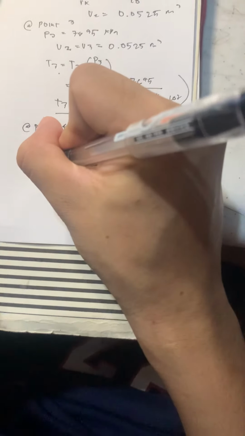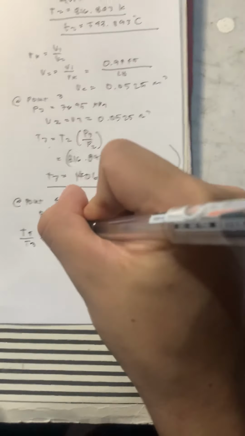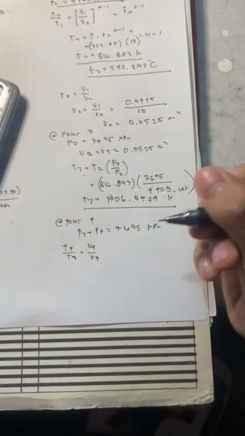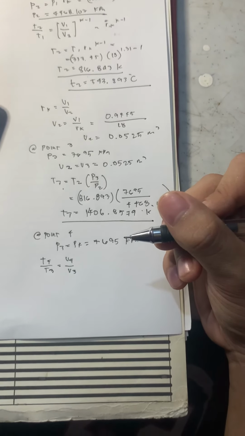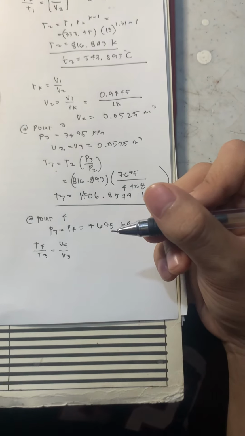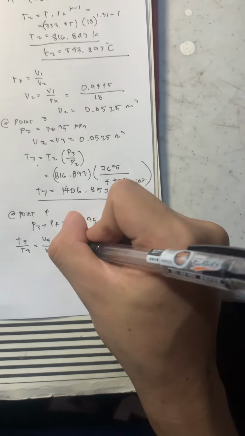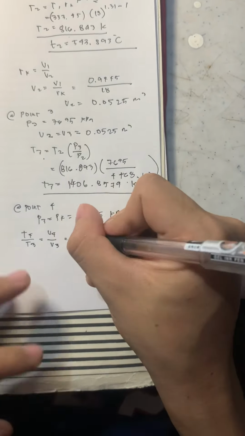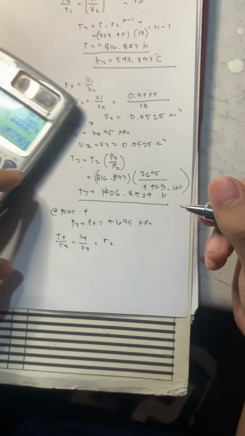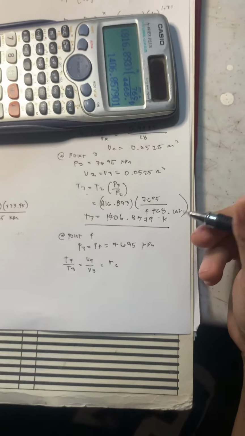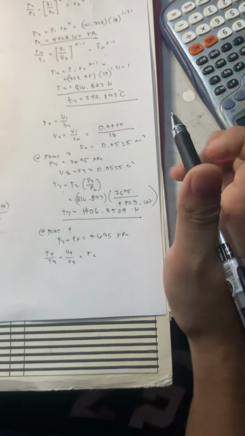Then solving for this, T4 over T3 equals V4 over V3, which equals the cutoff ratio, and we have the cutoff ratio equal to 1.5.